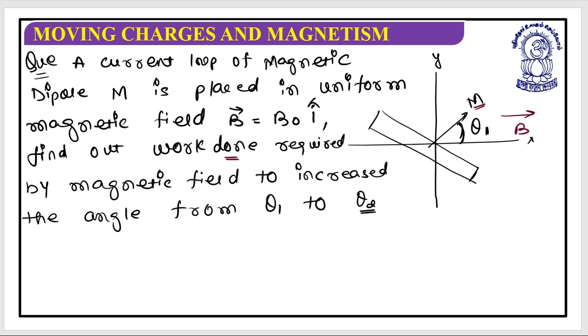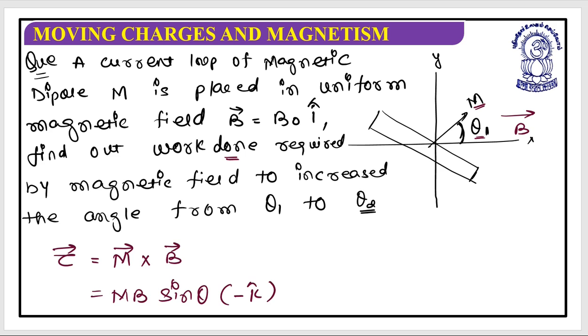So how could I do this? First thing, I need the work done. How could I have it? I need the work done by rotating it. So what I understood is that torque is acting on this, and that torque can be given as M cross B. It could be represented as MB sine theta into minus K cap.